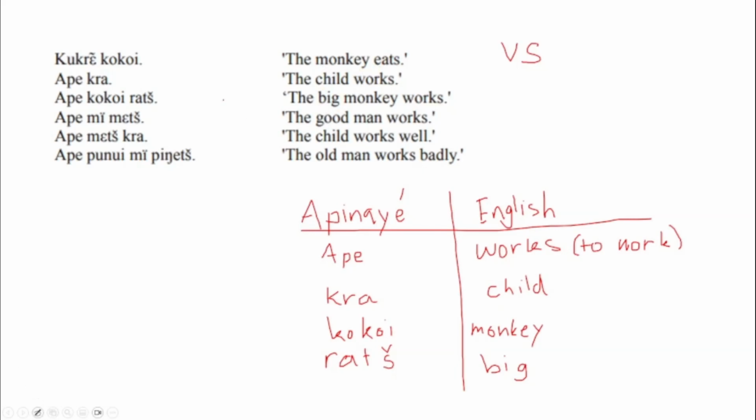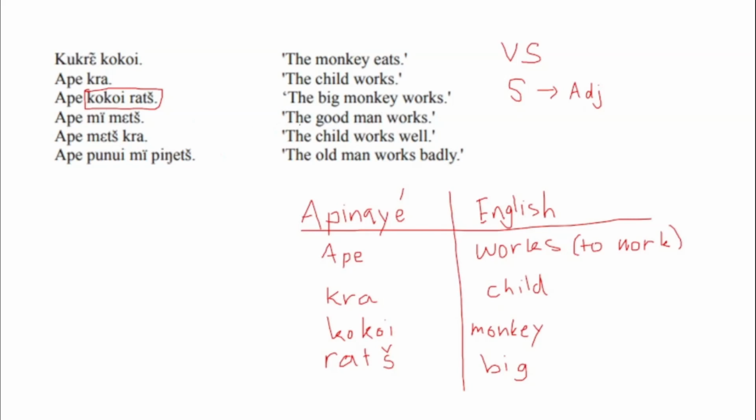That in this sentence, kokoi, the noun, is followed by the adjective, right? So we can say that it's subject, then adjective. Now there might be irregular ones, but we'll just keep that in mind.